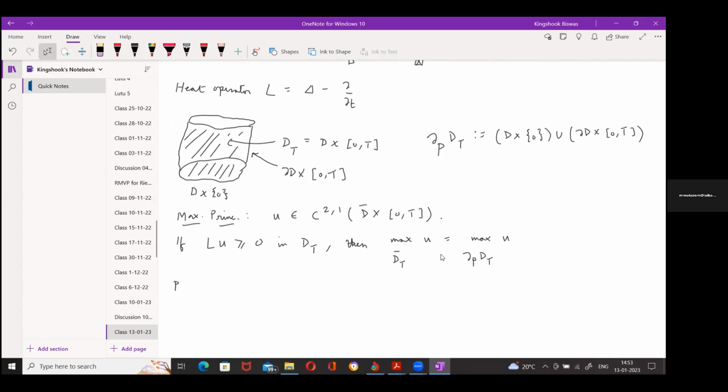Okay. So the proof is very similar to the proof of the maximum principle. Again, you take a small perturbation of u, this time in the time variable. You let u_n of (x,t) be u of (x,t) minus (1/n) times t.